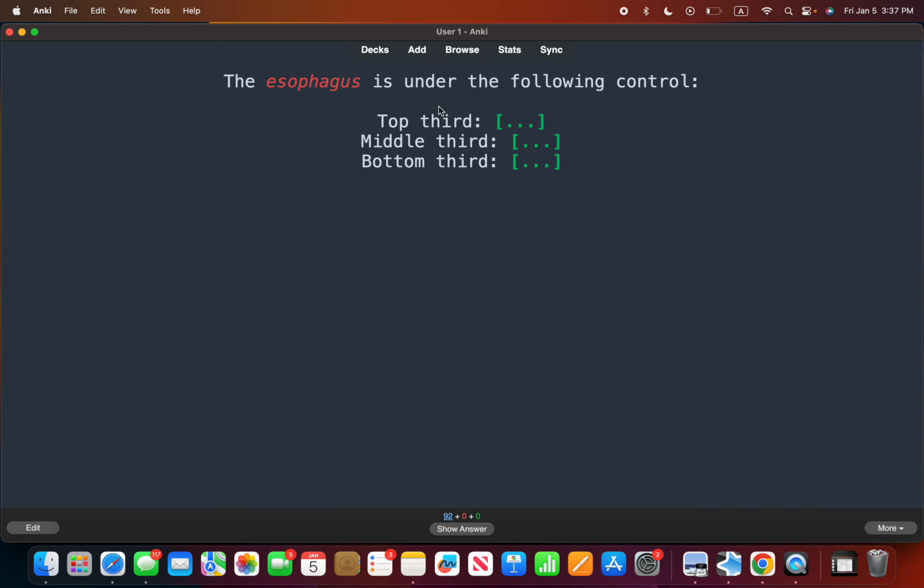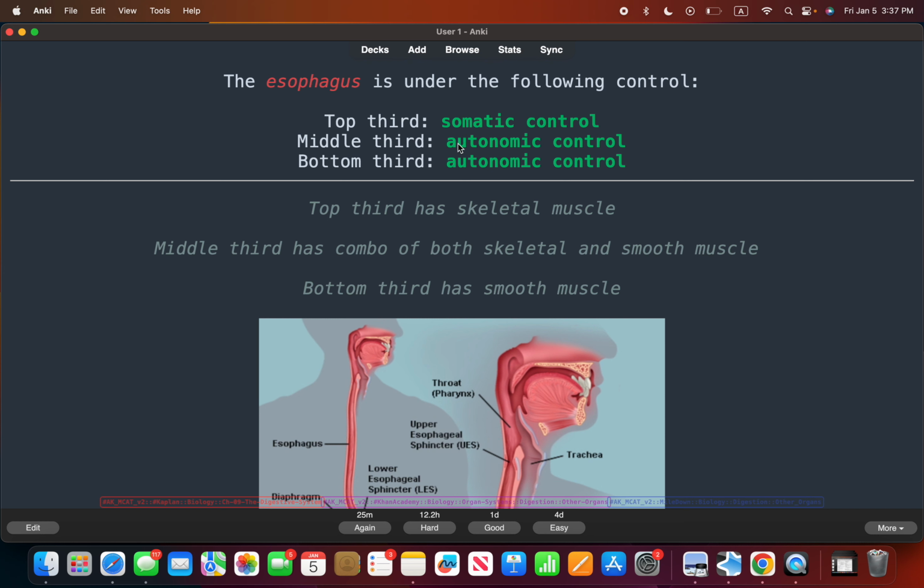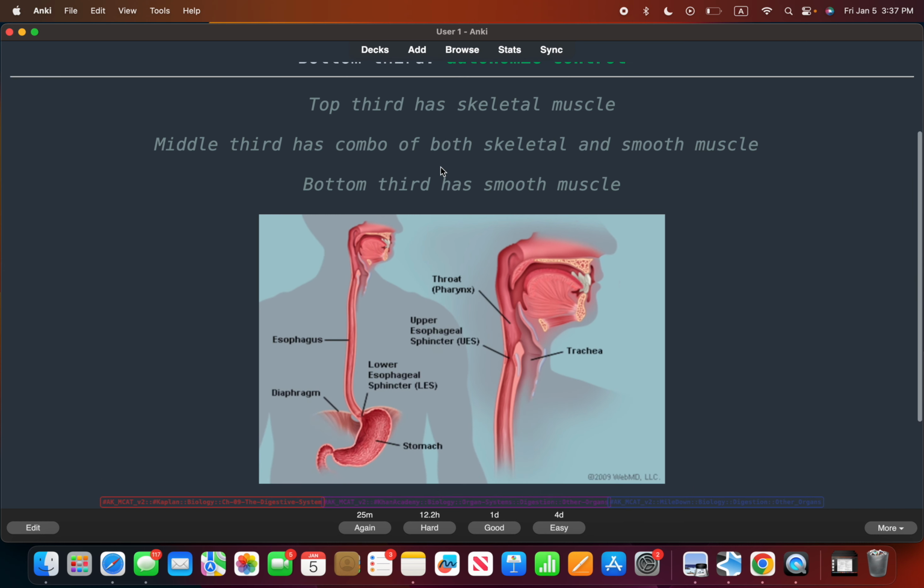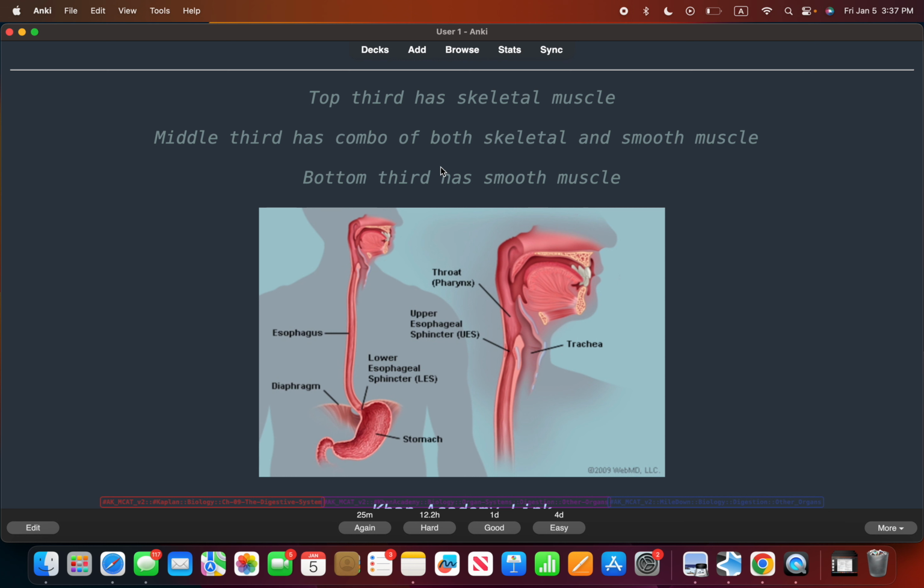The esophagus is under the following control. The top third is under somatic control, but the middle third and bottom third are autonomic control. The top third has skeletal muscle, the middle third has a mix of skeletal and smooth muscle, and the bottom third has smooth muscle.